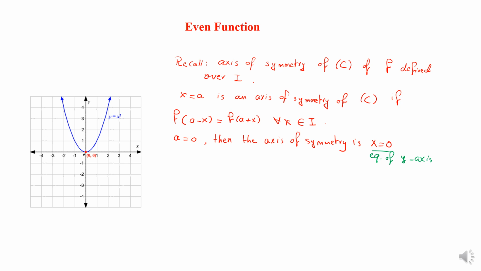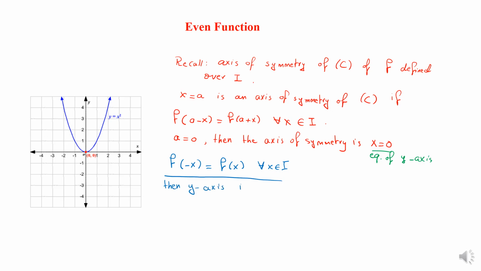Let's see how the equation will look. A is 0, so you need to verify that f of minus x equals f of x for every x in I.